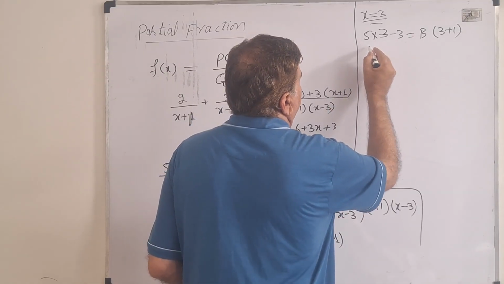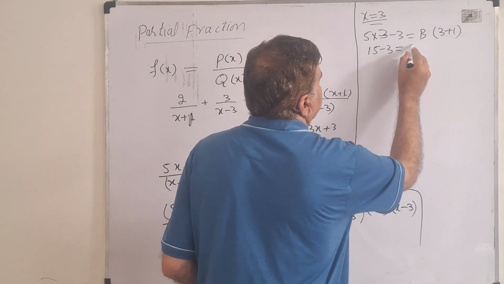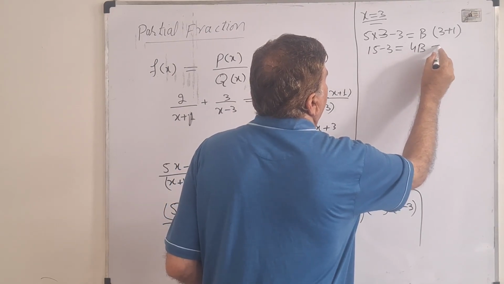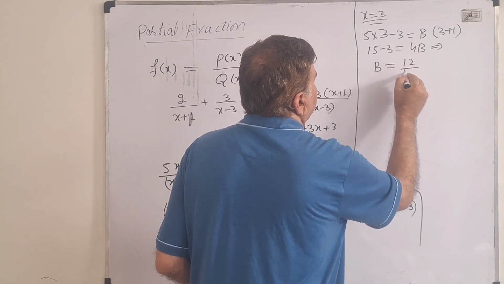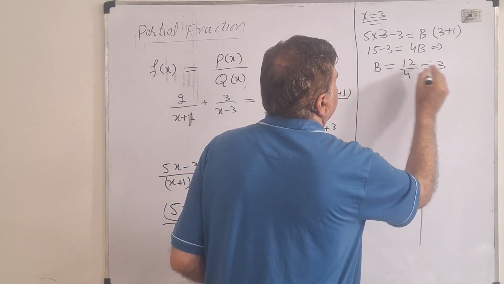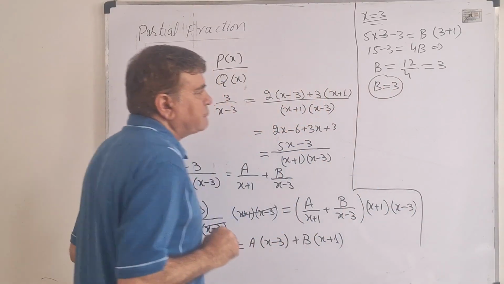So I can write 15 minus 3 equals 4 times b, or b equals 12 divided by 4 equals 3. So I have b equals 3.